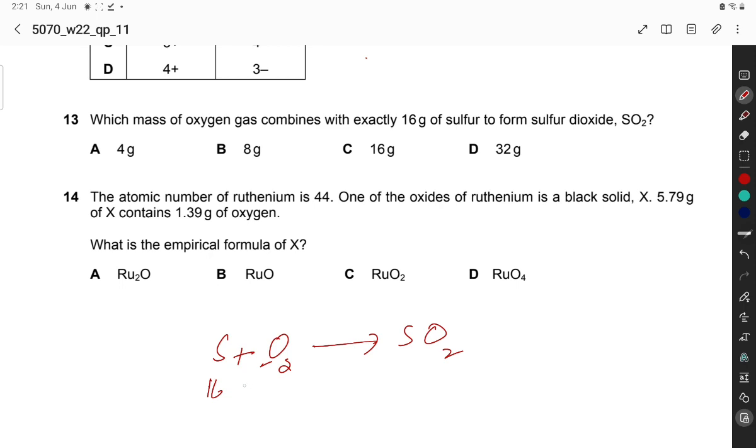Sulfur producing 32 gram, required 32 gram, and what would be the mass of 16 ratio x.